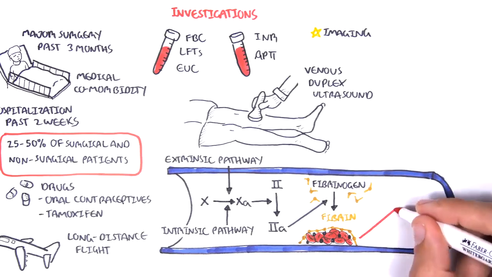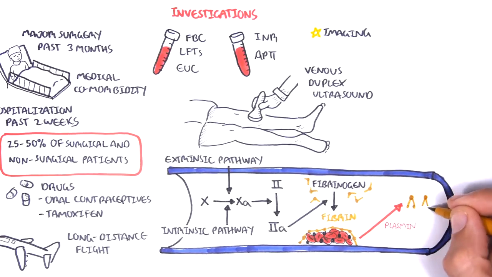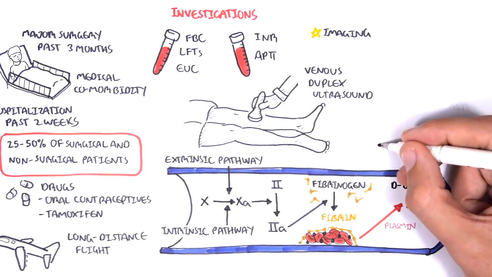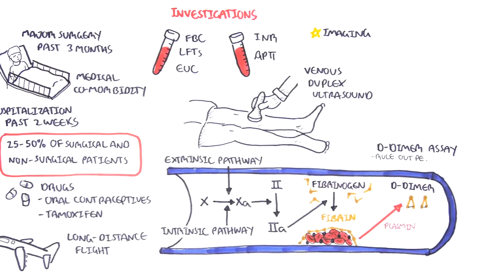However, things can also break down the thrombus. These things are plasminogen or plasmin, and plasmin cleaves the fibrin, creating what is now called a D-dimer. During active thrombosis, there are elevated D-dimers, and so the measurement of a D-dimer can give some indication of coagulation activity that is occurring in the body.